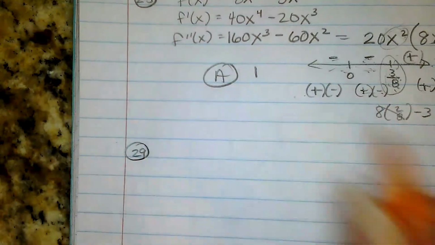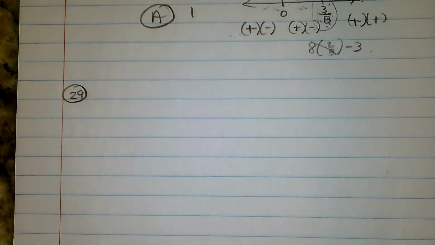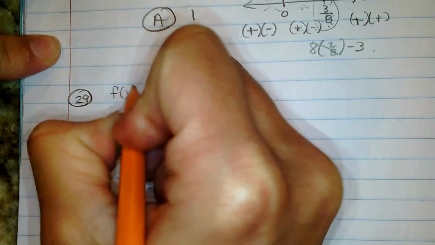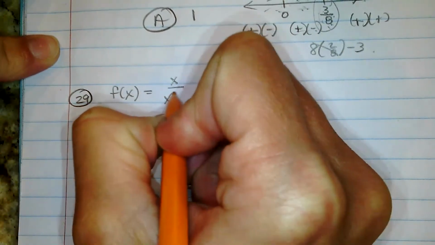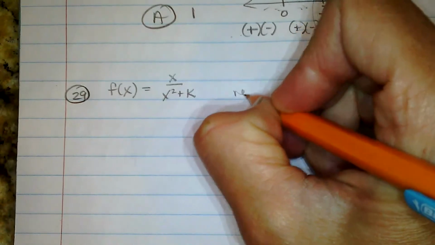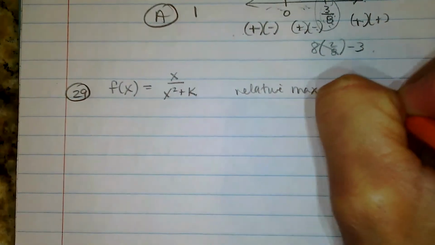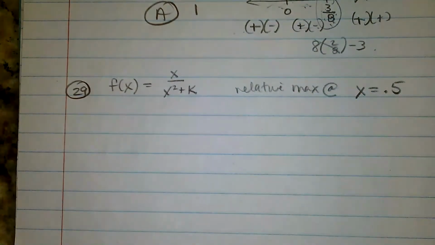29. For what value of k will f of x equals x over x squared plus k have a relative maximum at x equals... okay.